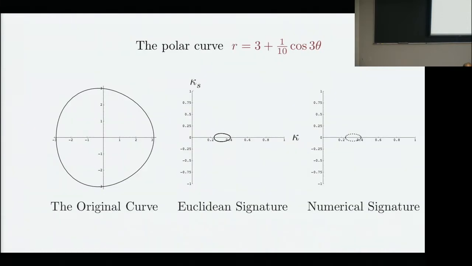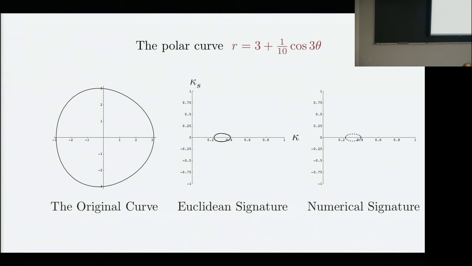Here are some examples of signatures. This gets into a little bit of what was being discussed yesterday about shapes and when shapes are near each other. One possible proposal is that you look at the signatures and compare the signatures rather than the shapes directly. This one is almost circular. If it were exactly circular, the signature would be a single point: the curvature would be constant, and κ_s would be 0.